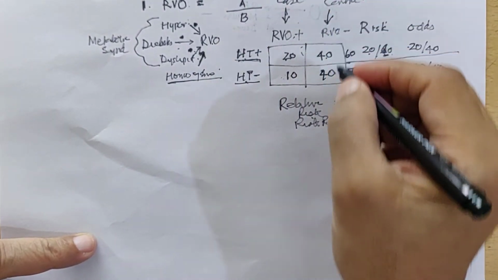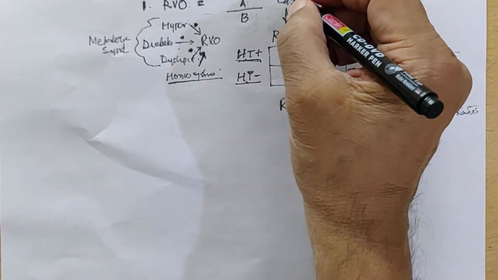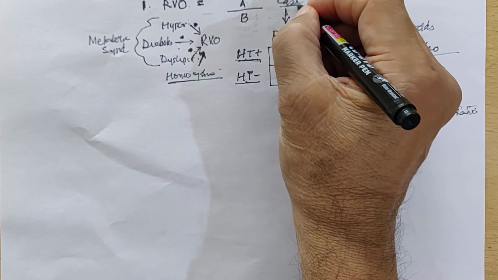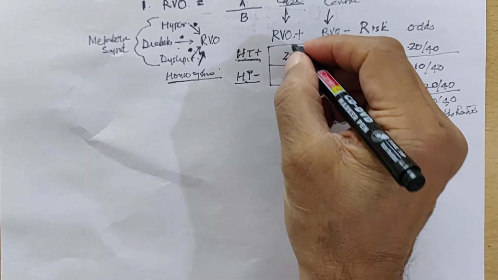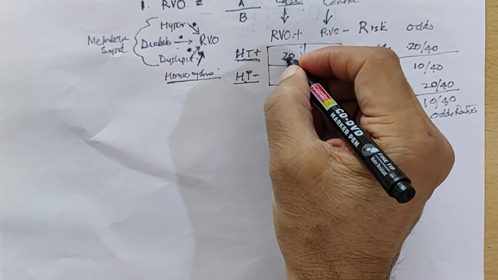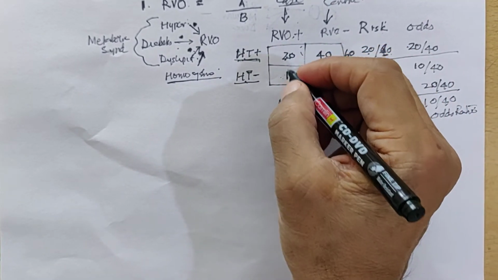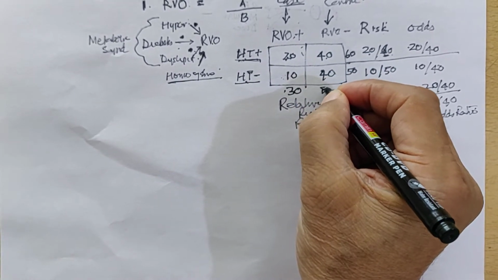So this is the case-control study design. So when you take, for example, here you have taken 30 cases and you have taken 80 controls.